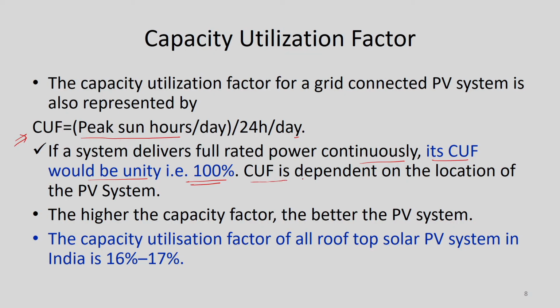So, capacity utilization factor depends on the location of the PV system, right. The higher the capacity utilization factor, the better the PV system. The capacity utilization factor of all rooftop PV systems in India is in between 16 to 17%. This you should keep in mind.